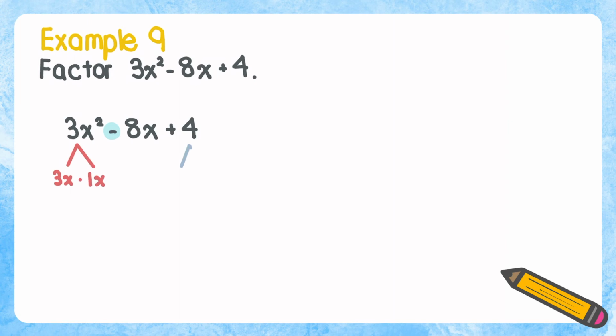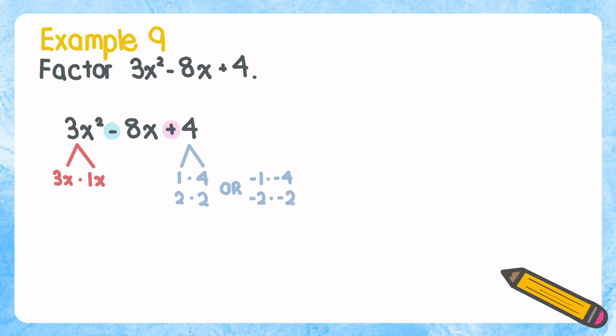But this 4 over here, if we break it down into positive factors, we have, for example, 1 times 4 or 2 times 2. But since we're thinking about the negatives, we can write also negative 1 times negative 4 or negative 2 times negative 2 as options.